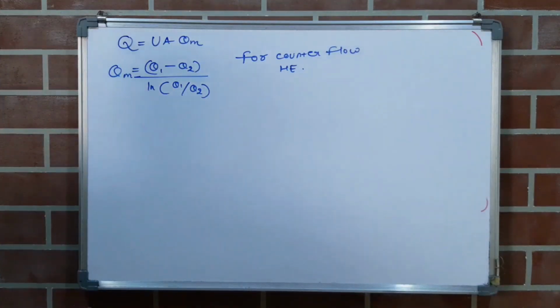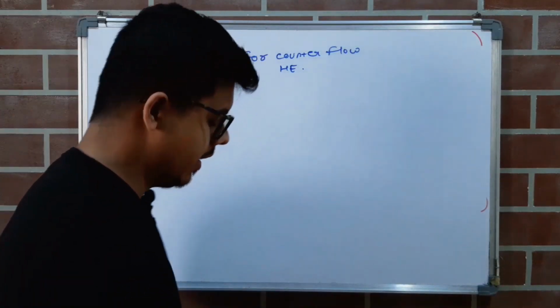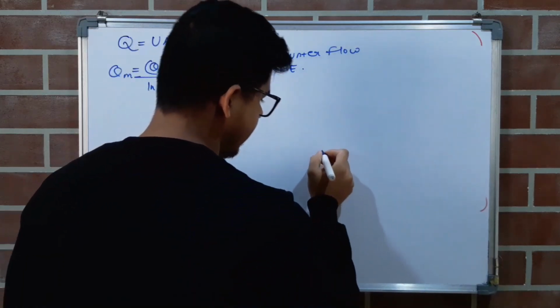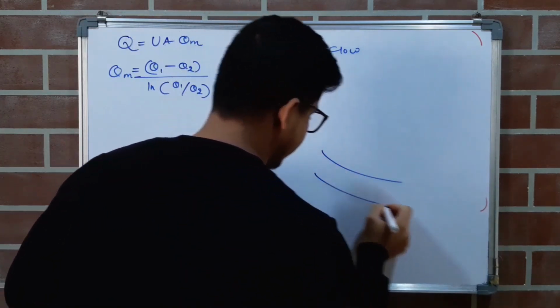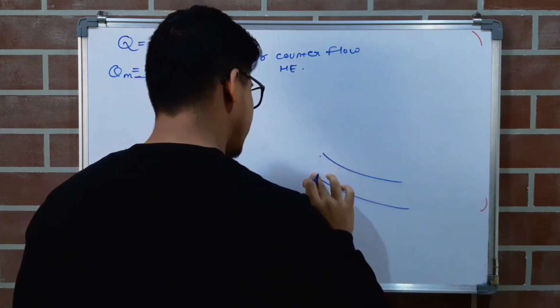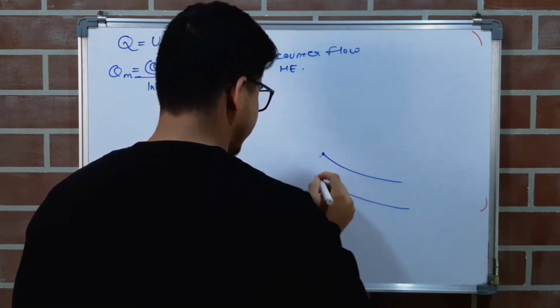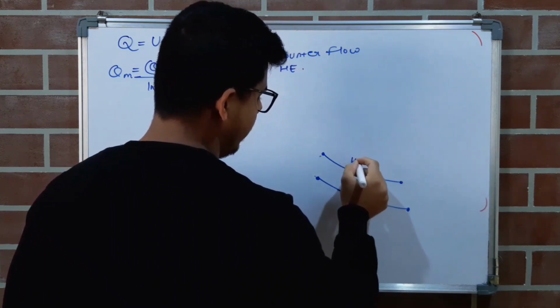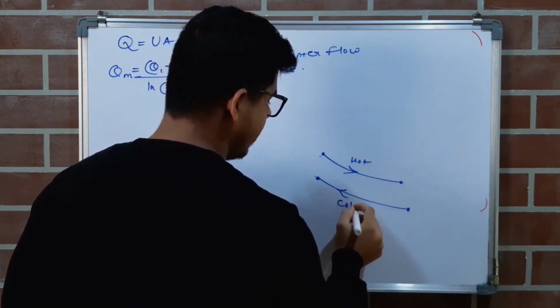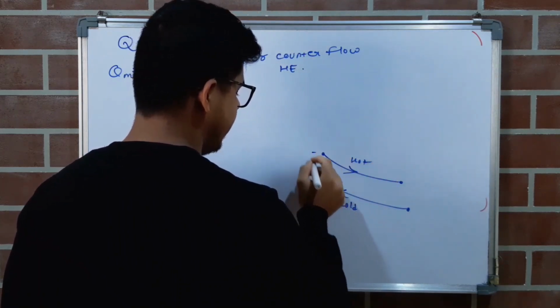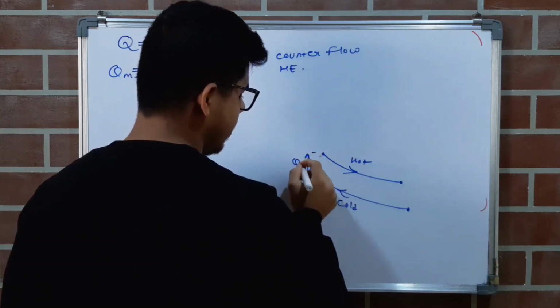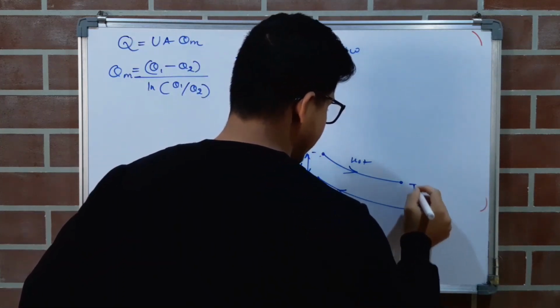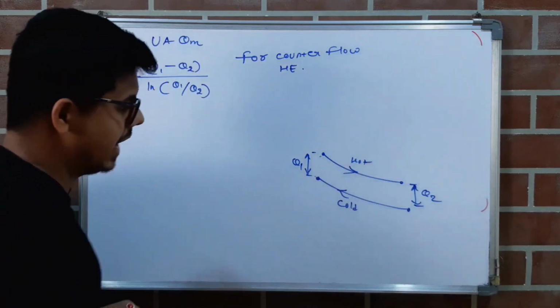Suppose you observe that graph, let me show here, the graph was looking like this. This is the hot and this is the cold fluid line. This is theta 1 and this is theta 2. The graph of counter flow looks like this.